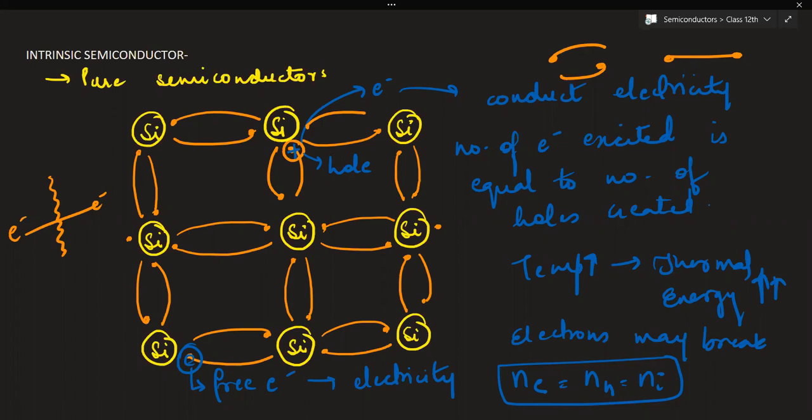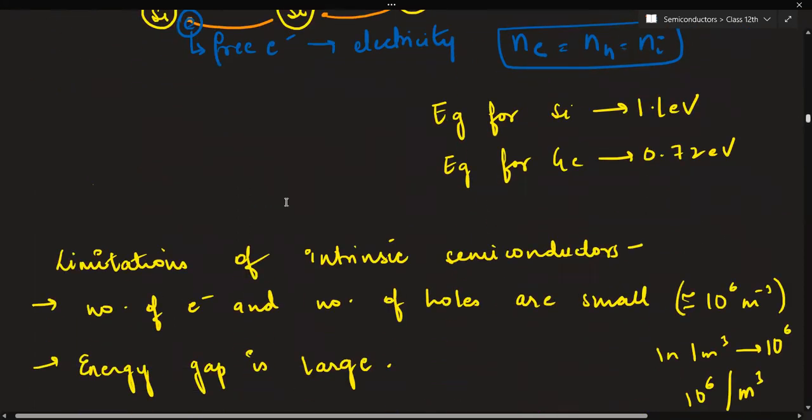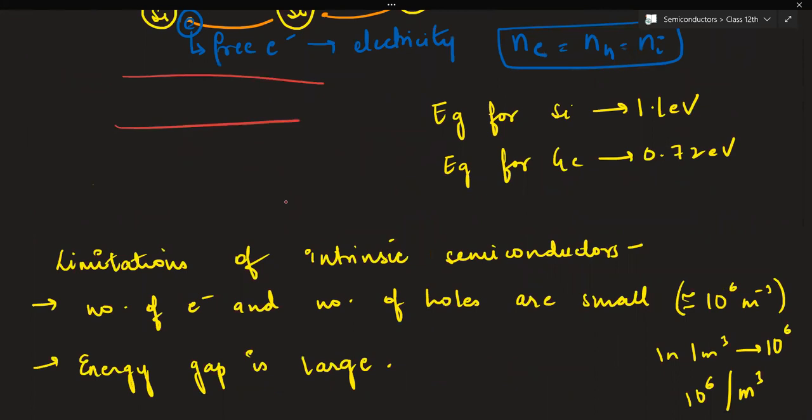Now, if you want to draw the conduction band and valence band here, how will you draw it? See, for intrinsic semiconductors, this is the conduction band. Here you have the valence band. So these are semiconductors.